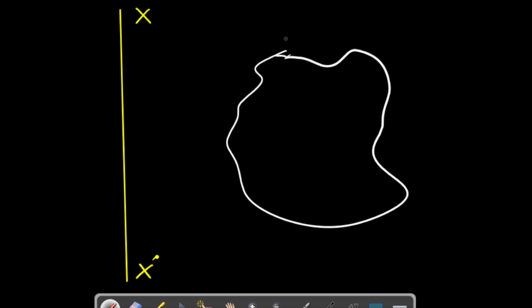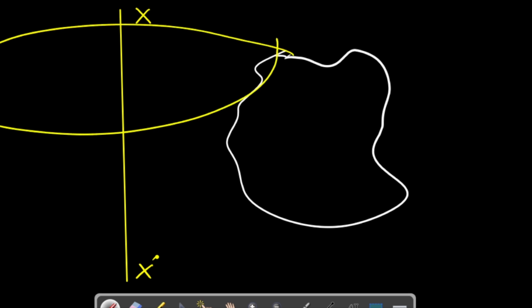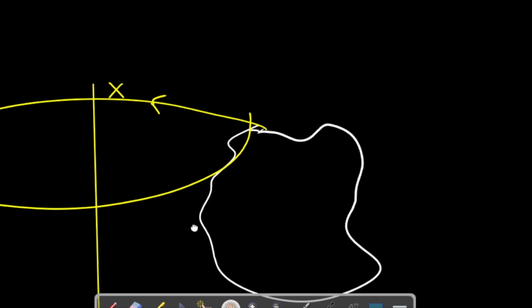If this object rotates around this axis, then suppose the angular velocity of this object is omega.